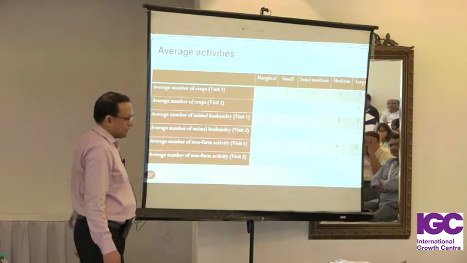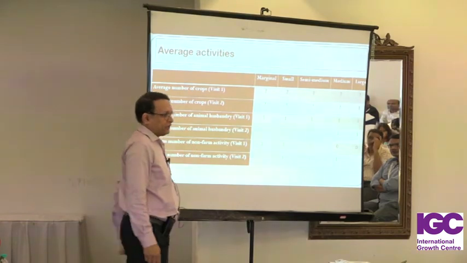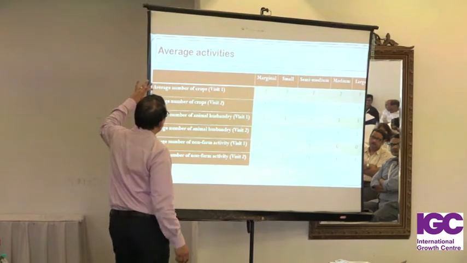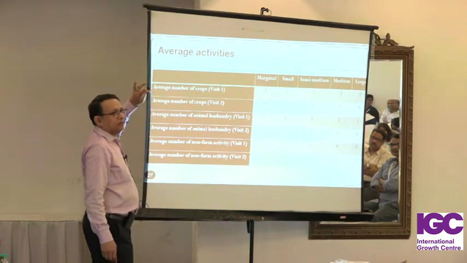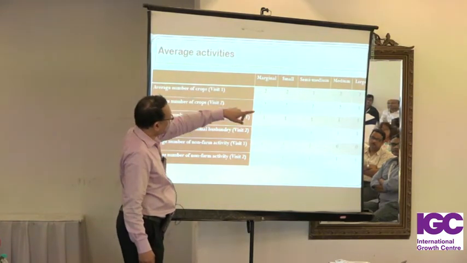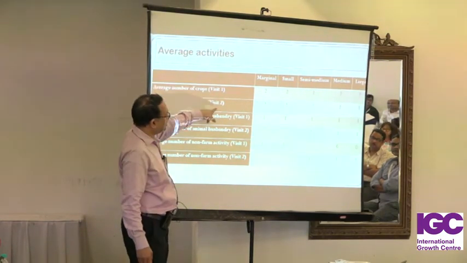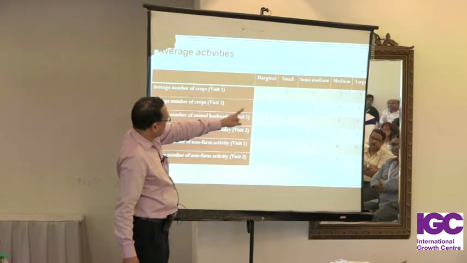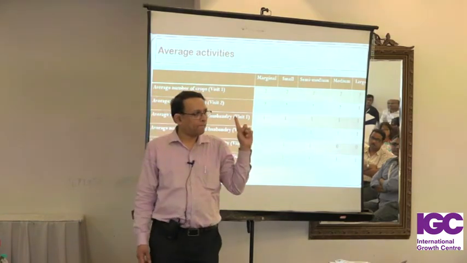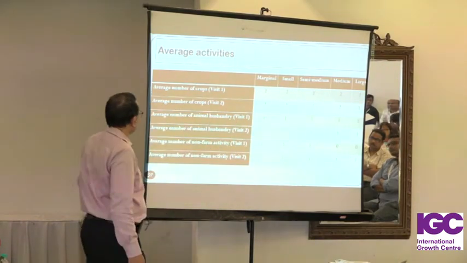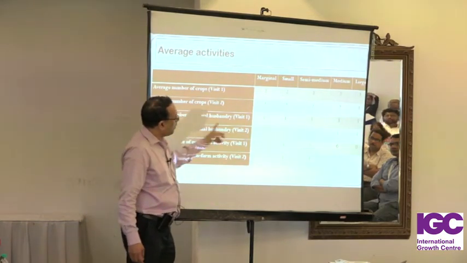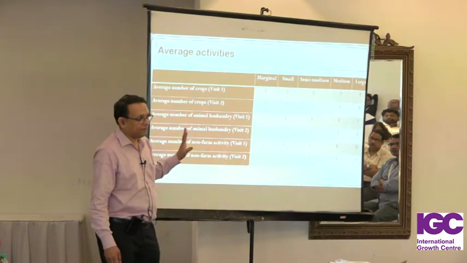Average activities. This is the diversification story. The average number of crops that agricultural households are involved in is about 2, all of them, in visit 1 and visit 2, whereas a large farm in visit 2 is involved in only 1 crop. The average number of animal husbandry activities is 1 in both seasons for all of them.